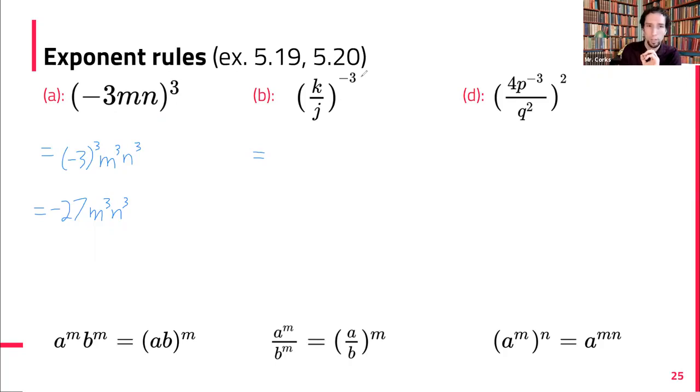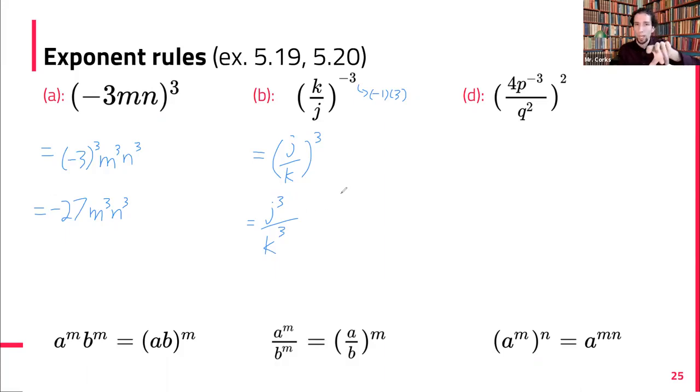If this is -3, that's the same as -1 and also 3. So let's do the negative: flip over the fraction, j over k, all of that cubed, then what? J cubed over k cubed. Okay, so j cubed over k cubed.